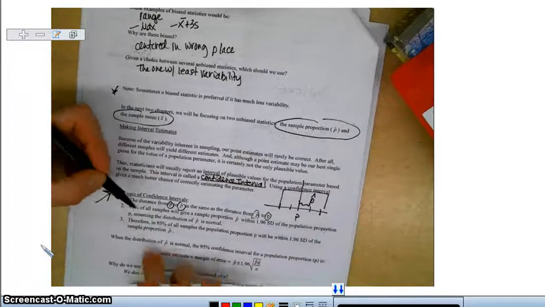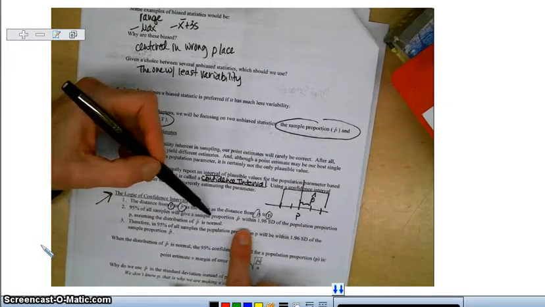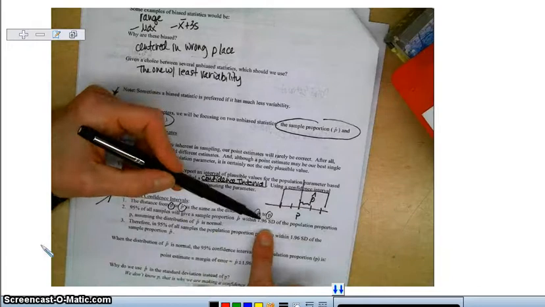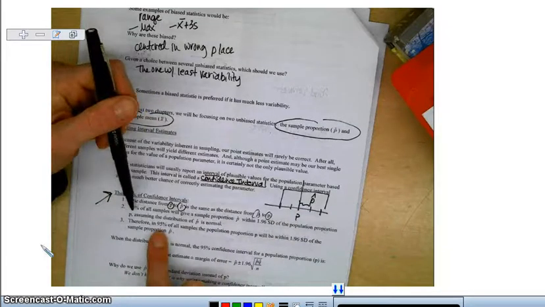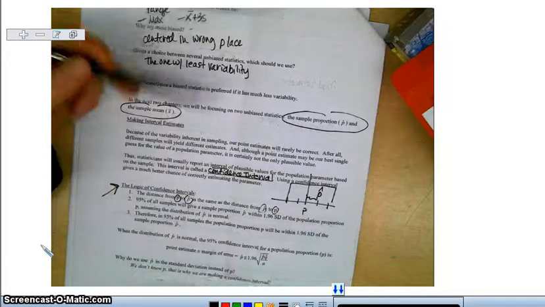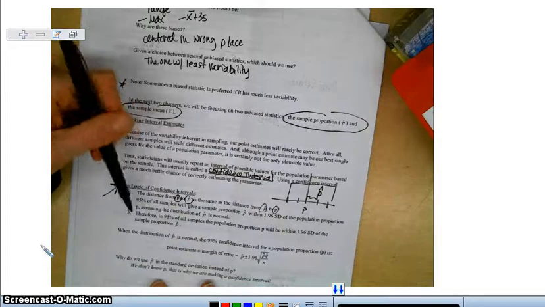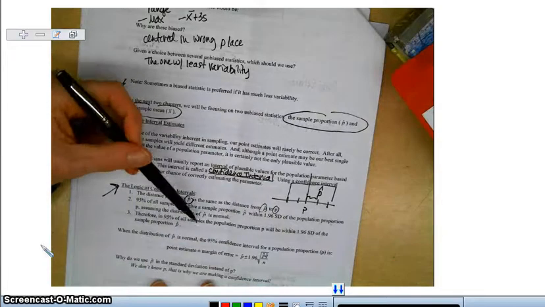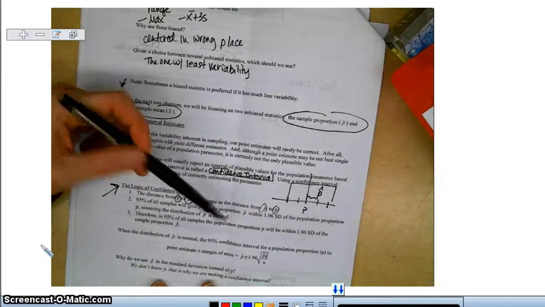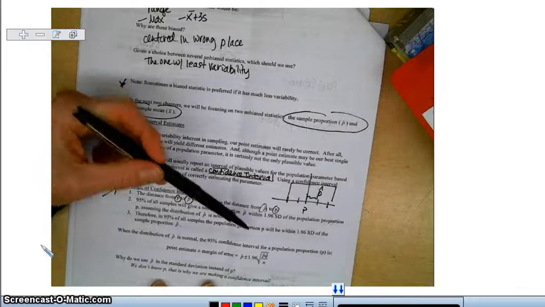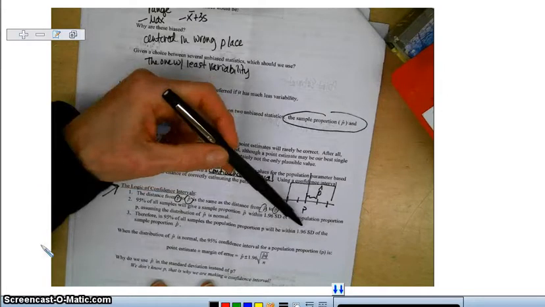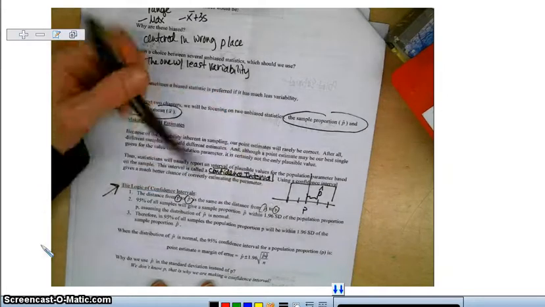So 95% of all samples will give a sample proportion P hat within 2 standard deviations of the population proportion P, assuming the distribution is normal. Therefore, in 95% of all samples, the population proportion will be within about 2 standard deviations of the sample proportion.